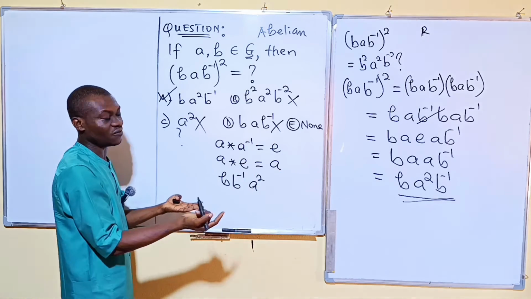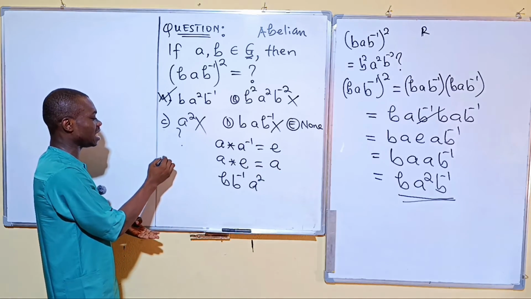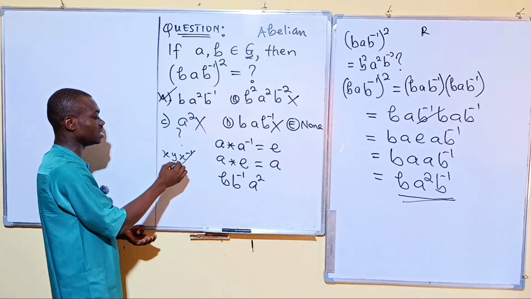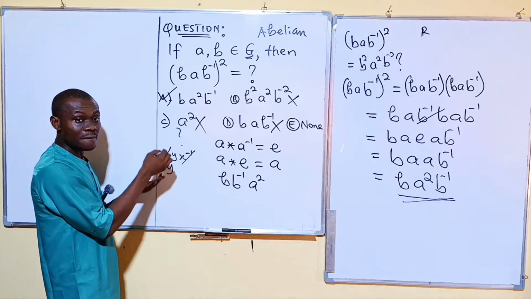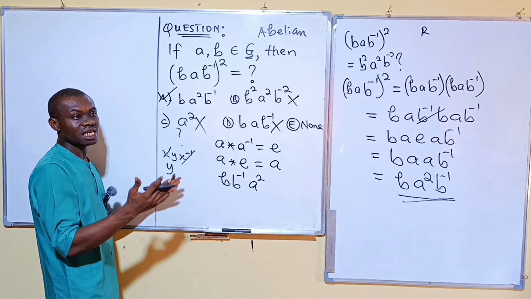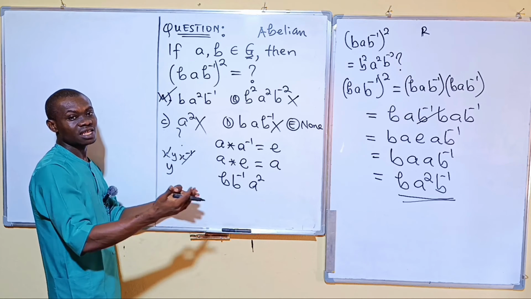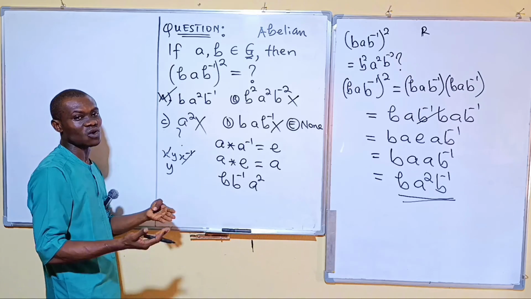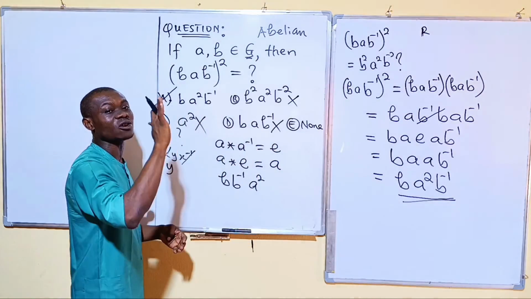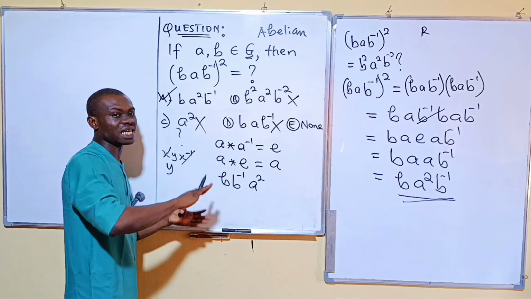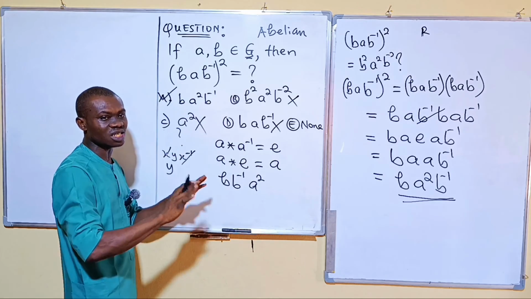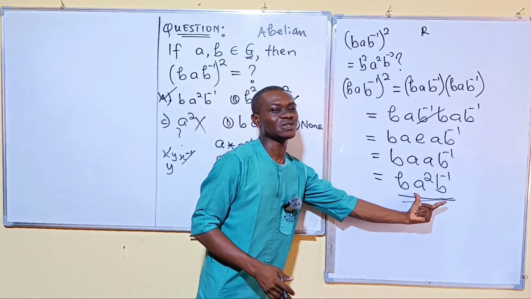Normally in math, if I have something like x times y times x inverse, I can quickly say this will take away this and give me y. But that's when you are in an abelian group. The normal sets that we are handling, such as the set of real numbers and the set of complex numbers, are abelian, but here we are not told whether this G is abelian, so you are not permitted to do that.